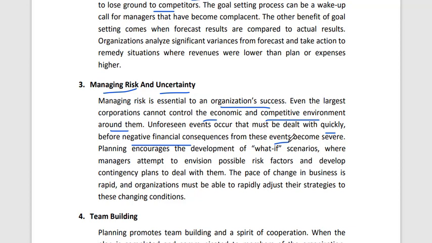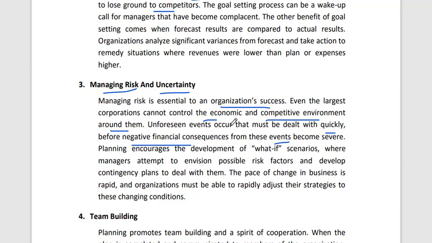So they have to manage risk, so that their financial stability will not become negative from that event.